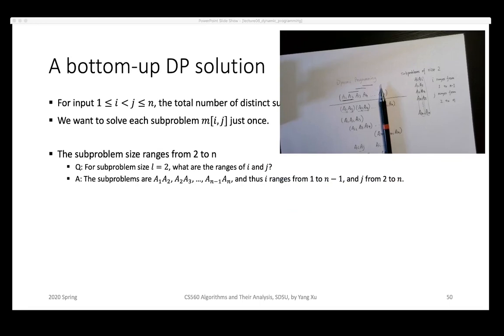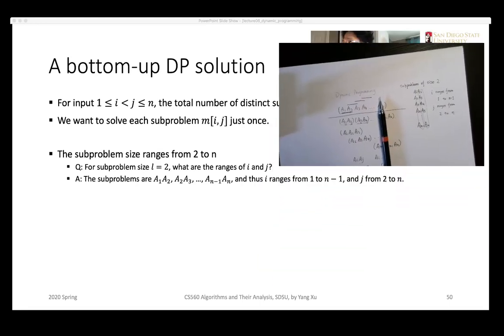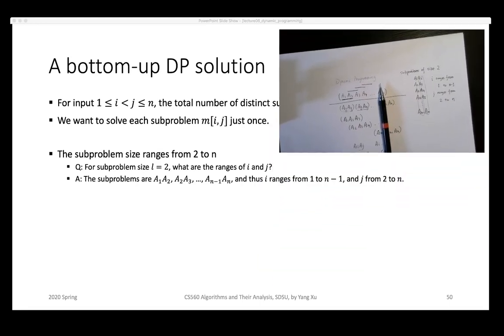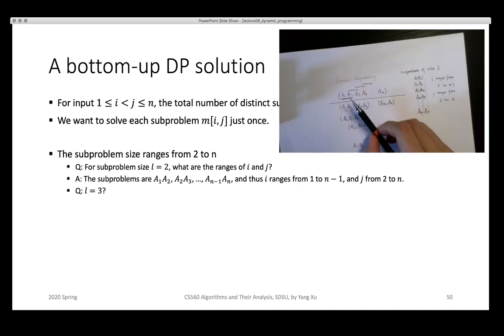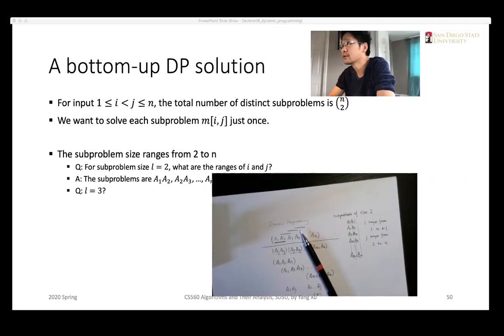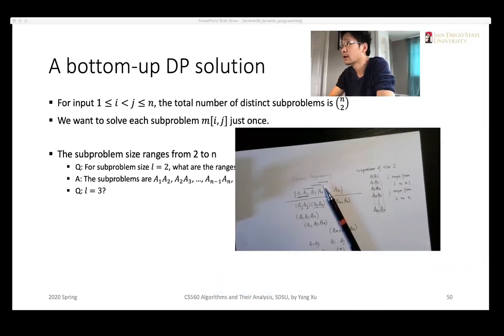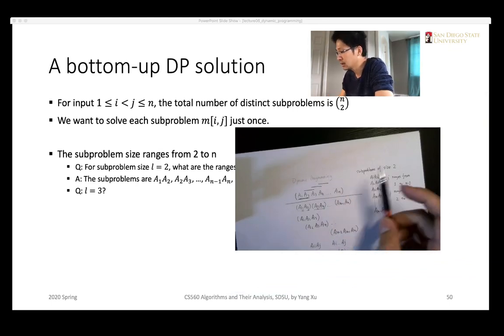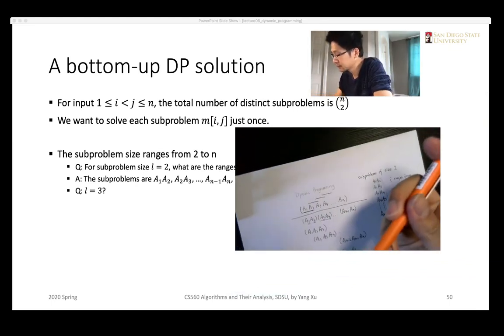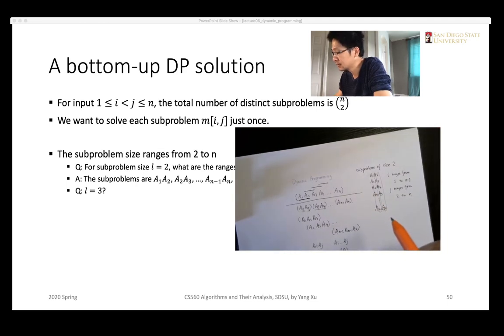Okay, so for the next one, let's look at a little bit bigger subproblem. What if we are considering the subproblems of size 3? It's the same way of thinking, and the only difference is that now we are considering a sliding window of size 3.